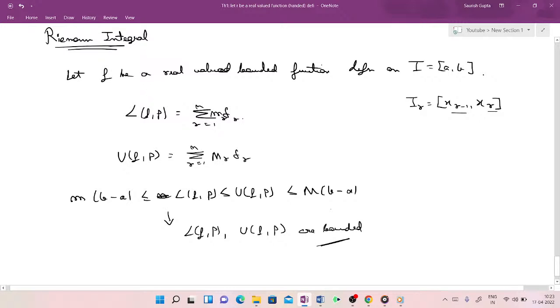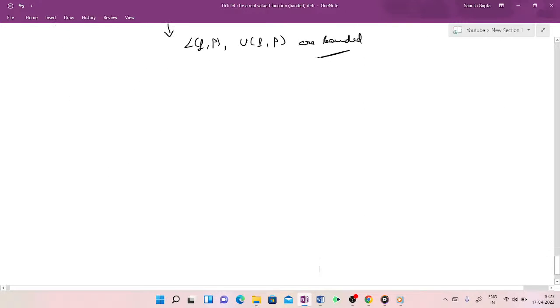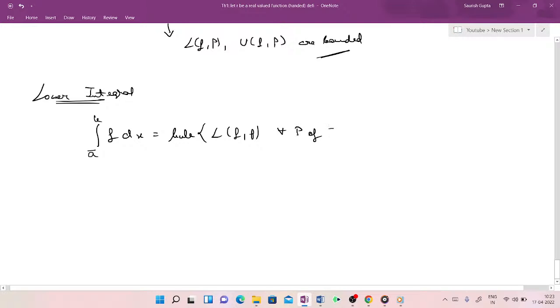Okay. So from here we reach the definition of what we call the lower integral, lower Riemann integral. So what is the lower integral? We define lower integral as the integral from a to b (lower bar) of f dx, which is basically the LUB of all the lower Riemann sums possible for all partitions possible of the interval I. Clear?